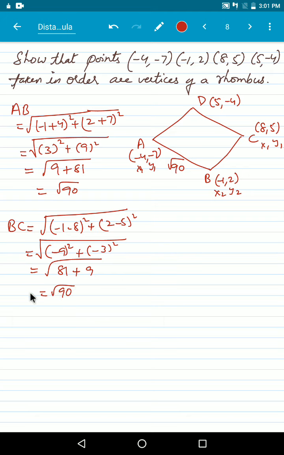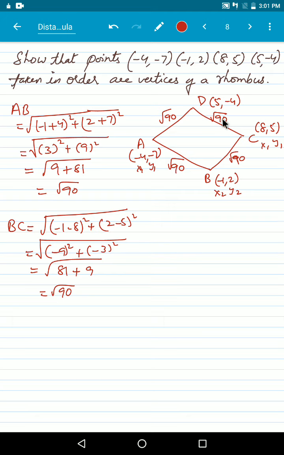So it is root 90. Yes, this is also root 90. Similarly, if you find DC and DA, it will be root 90 only. I am leaving these two, DC and AD, for you to solve.